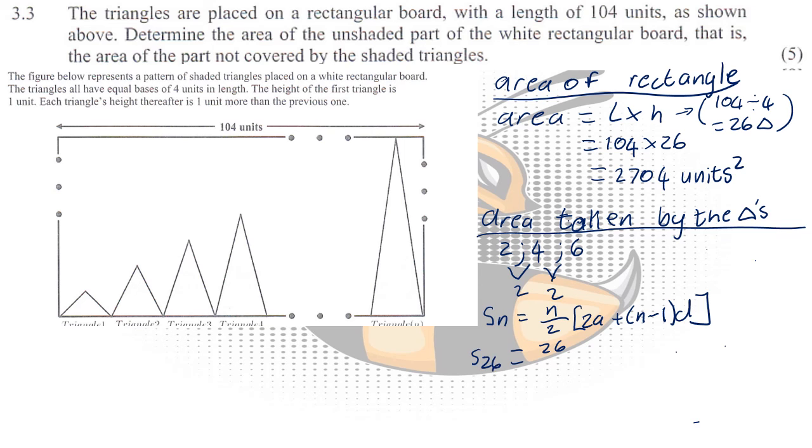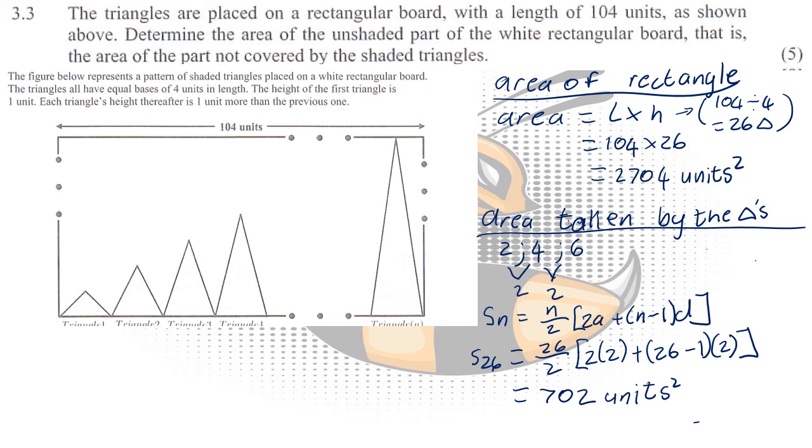So the sum of 26 triangles would be equal to 26 divided by 2 times (2a plus (26 minus 1) d), where a is 2 and d would just be 2. So if we punch all of that into our calculator, we'll find that the sum of the 26 triangles will be 702 units squared.